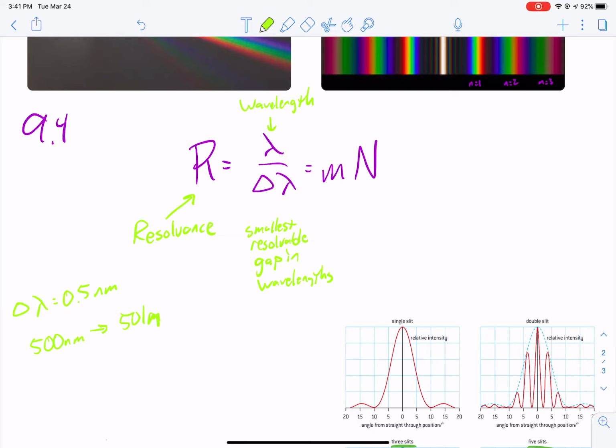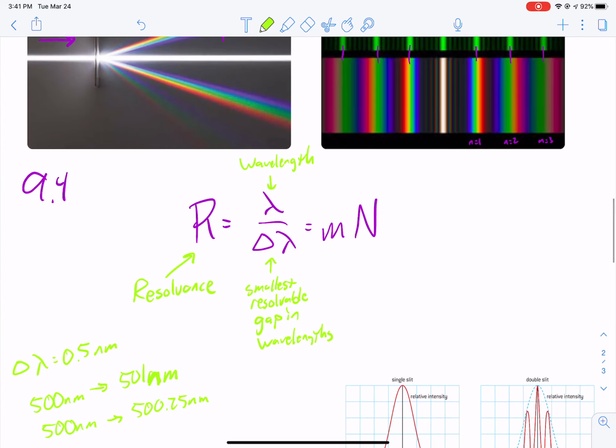Could I measure each of those individually? Yes. Could I measure 500 nanometers and 500.25 nanometers individually? No. That gap is only 1/4 of a nanometer, which is smaller than the smallest resolvable gap. So I would not be able to distinguish those two wavelengths.